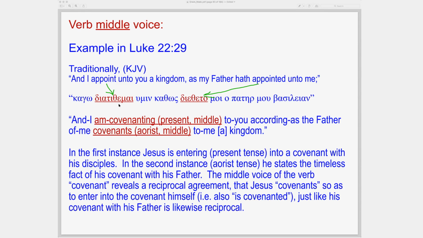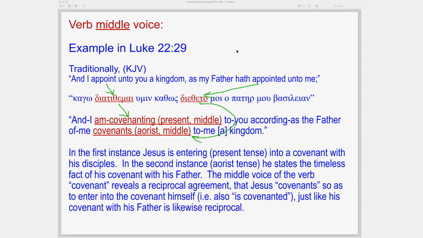And in the middle voice, this is an I am covenanting, present middle, to you according as the Father of me. I'm just reading the words one at a time now. Covenants to me a kingdom.